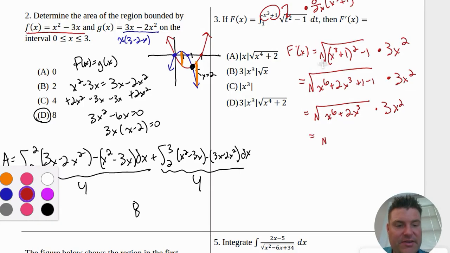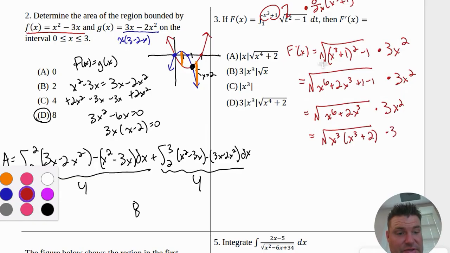I have a GCF in there because they're not matching up yet. I'm starting to kind of see which one it's going to be. I can take out an x cubed, which is going to leave me with x cubed plus 2 times 3x squared.